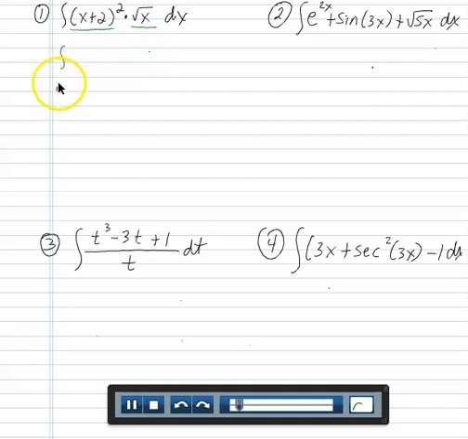So first, x plus 2, the quantity squared. Just go off on the side somewhere and do x plus 2 times x plus 2 and FOIL everything out, and what you'll find is that it's x squared plus 4x plus 4. Then we will take the square root of x and distribute it through. Now remember, the square root of x can be thought of as x to the 1/2.